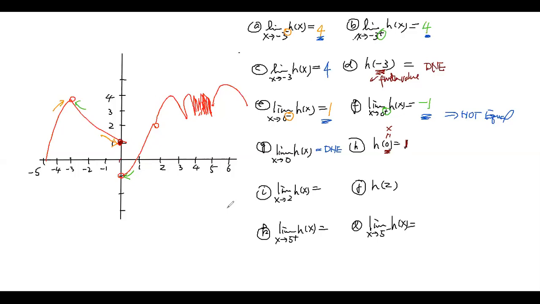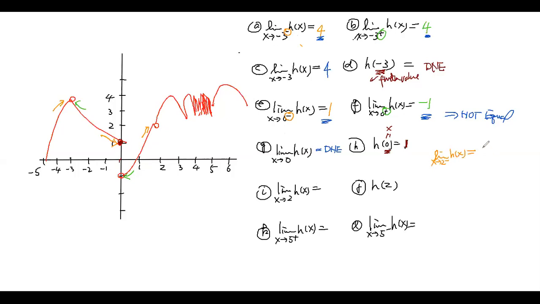Okay, now let's take a look at the next ones here. Limit x approaches 2. So it's in here, let me write the 2. I'll approach 2 from the left-hand side, right? So I can say the limit as x approaches 2 from the left-hand side of h(x). What is this value?